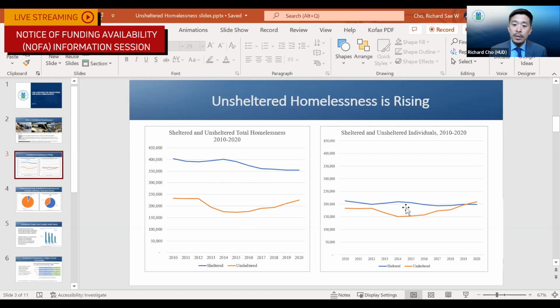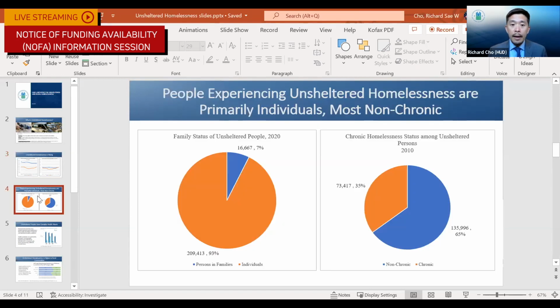Among individuals who are not part of families, so individuals who are not a couple or with children, the number sleeping in unsheltered settings has now passed the number sleeping in sheltered settings, and that's a major concern.